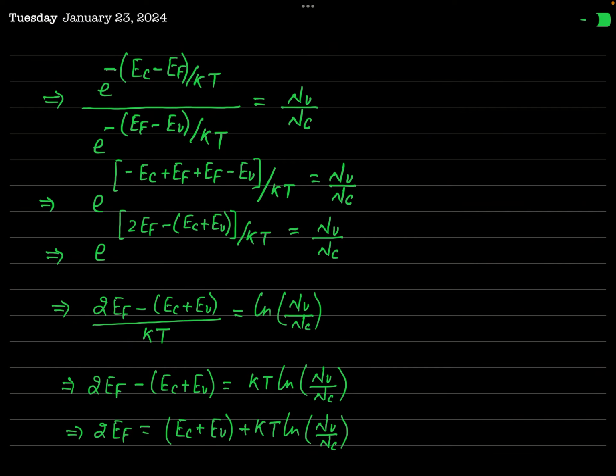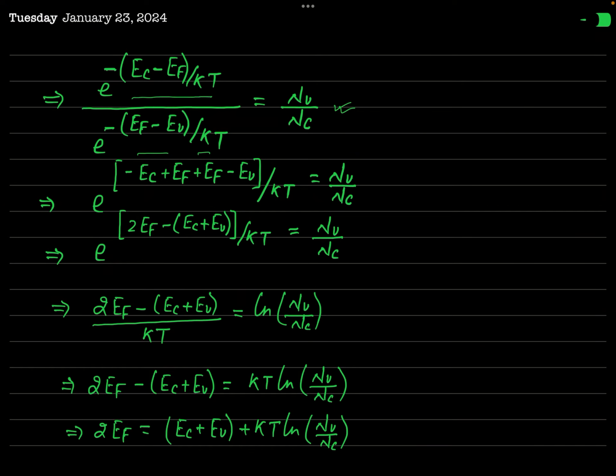This can be written as exponential raised to the power minus (Ec minus Ef) over Kt, divided by exponential raised to the power minus (Ef minus Ev) over Kt, and that will be equal to Nv over Nc. This is simple algebra.